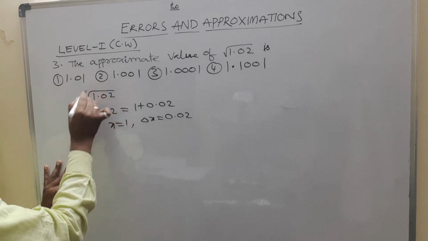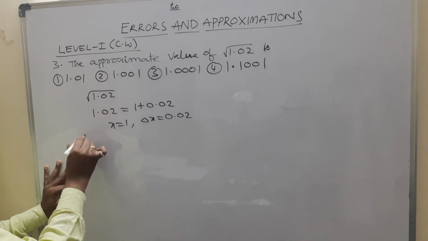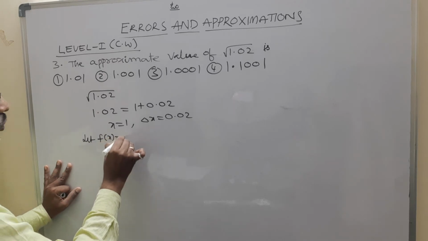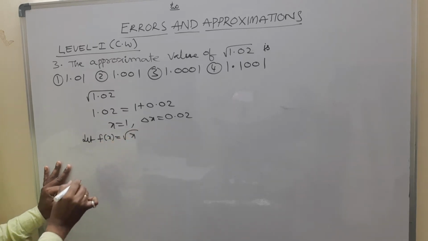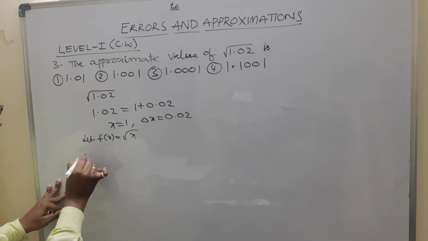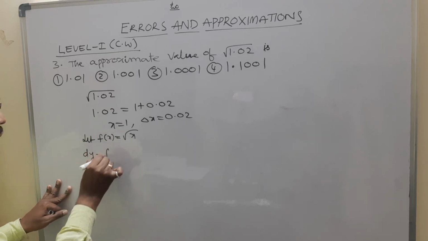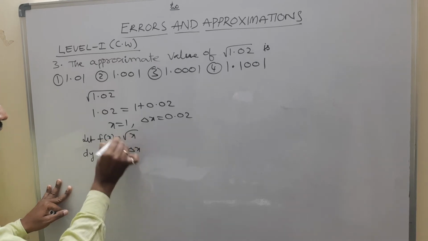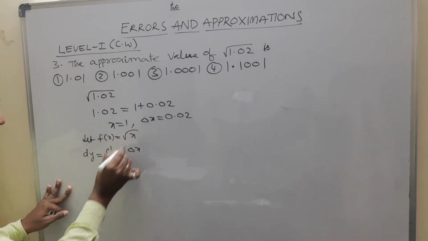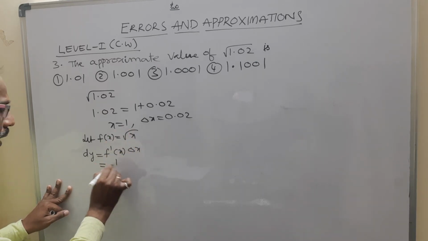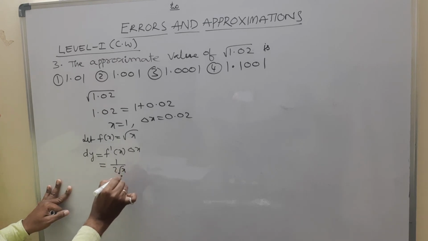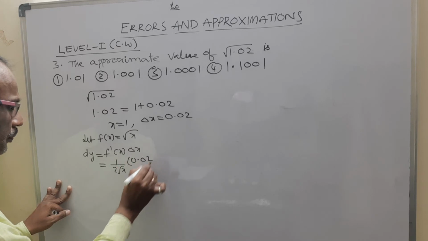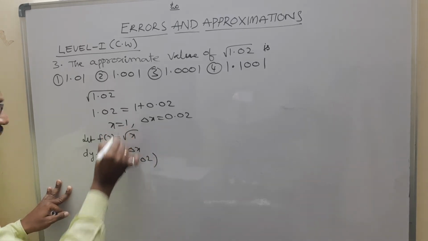This is in the root form. Let f of x equal to root x. Here, dy is equal to f dash x into delta x. f of x is equal to root x. The differentiation of root x is 1 by 2 root x. Delta x is equal to 0.02. Here the x value is 1.